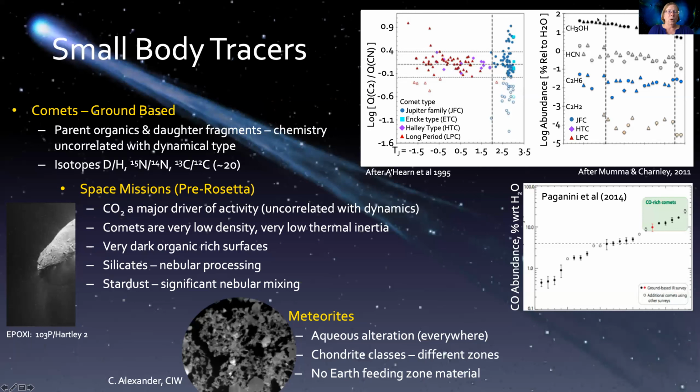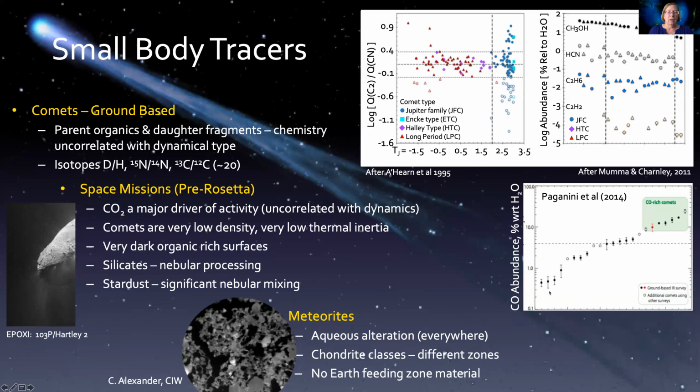Some comets were enhanced. They had an abundance of these organic species. Others were more or less average, and some comets were depleted in the organic compounds. And again, just like the work by A'Hearn, it was not shown that these were correlated with where we thought they formed. Everything was mixed up. On the other hand, some species were correlated with formation distance.